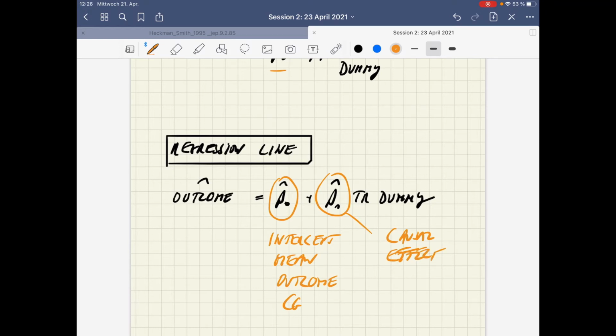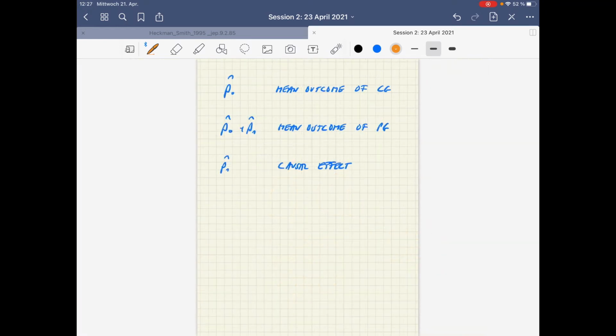That's what we do then using R. Just once again, the beta 0 hat is the mean outcome of the control group, and the mean outcome of the program group is beta 0 hat plus beta 1 hat, and the causal effect is beta 1 hat.